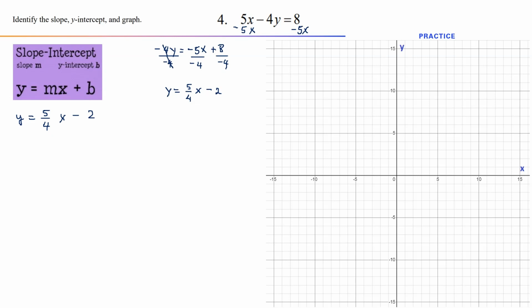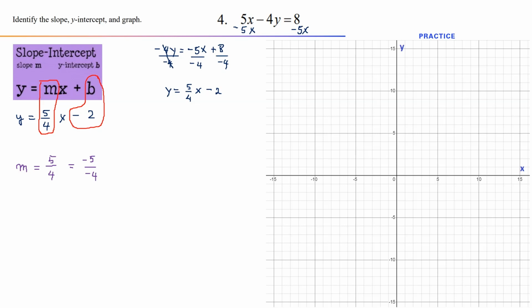So m, b. So m equals 5 over 4. That is positive. So you can rewrite negative 5 over negative 4.